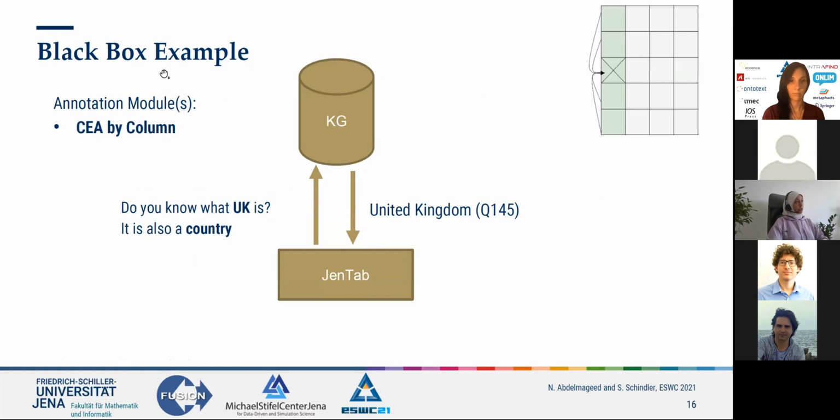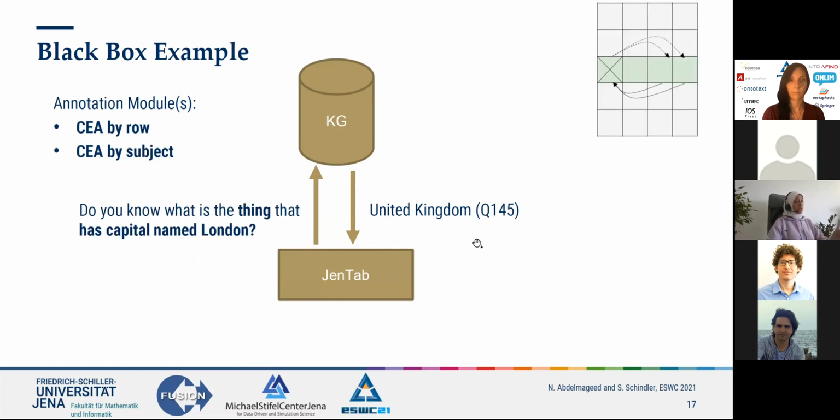Again, a black box example for the JenTab execution given the CEA by column. As you see here, only one more accurate candidate remains compared to the other execution. And this is another, alternative execution given the row context on the right, and these two annotation modules, and for this example, they have the same output.